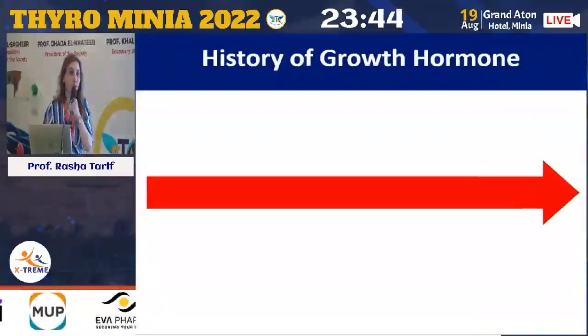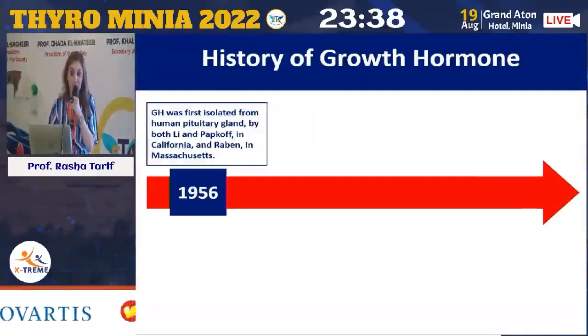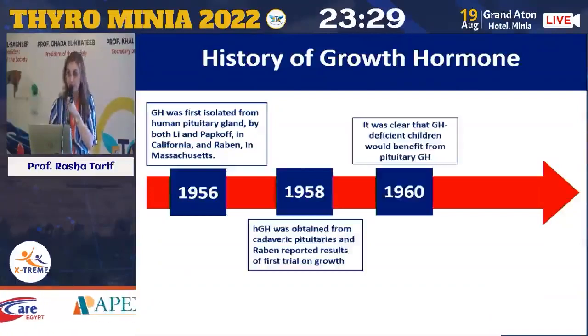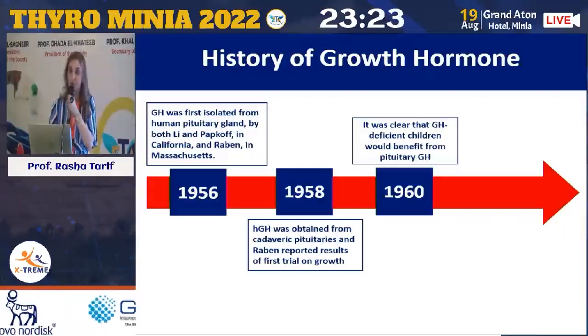Now, looking at the history of growth hormone, it was first isolated from human pituitary in 1956. In 1958, it was obtained from cadaveric pituitaries. In 1960, it was clear that growth hormone deficient children would benefit from growth hormone.